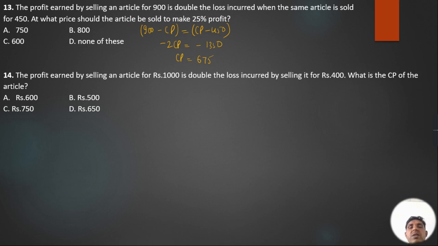Again the question is, at what price should the article be sold in order to gain 25%, that means 1.25 multiplied by 675. So we can check the multiplication of 1.25 and 675.